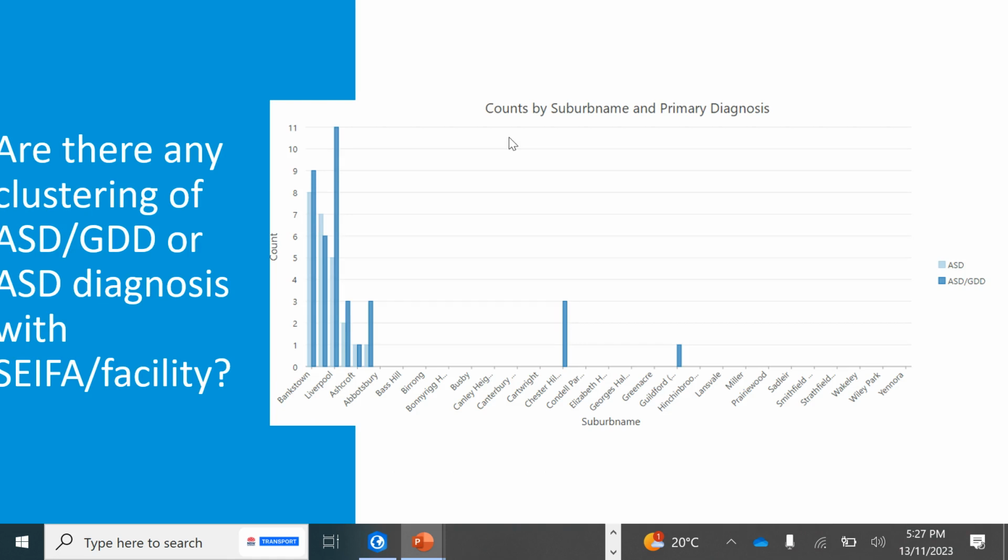Other questions that were asked were, are there any clustering of ASD, GDD, or ASD diagnosis with SEIFA facility? And we've seen a couple of LGAs, again, local government areas, such as Bankstown, Liverpool, Ashcroft, and Abbotsbury, which almost all reside in southwest Sydney as more pronounced.